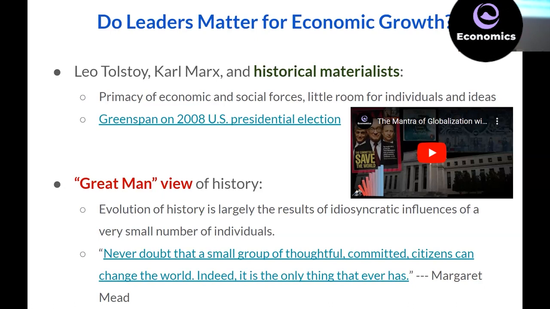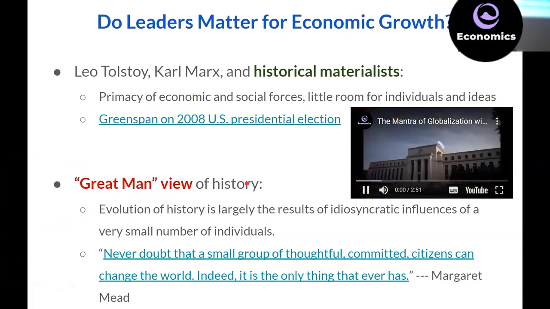And people don't really get good conclusions. People have some idea that economic and social forces matter, but do individual leaders matter for big picture things like economic growth or the trajectory of a country?